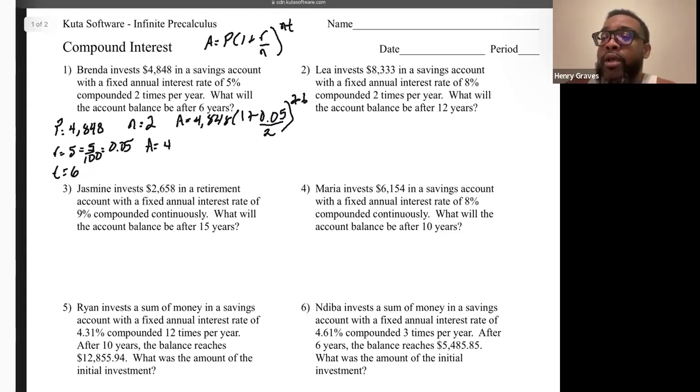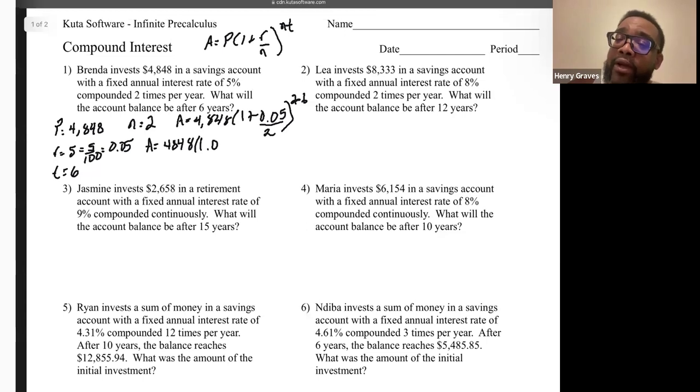So where's my calculator? If I do 0.05 divided by 2, then add 1 to that, it is going to be 1.025, raised up to the 12th power.